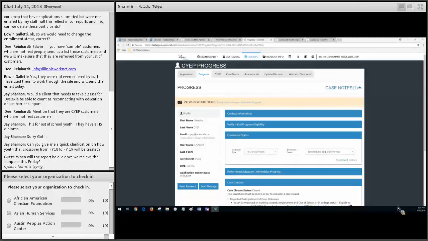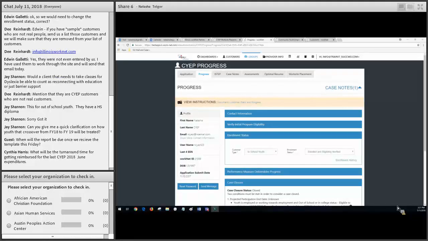However, when you say we're going to employ so many youth or help so many youth get jobs, there might be youth that you enrolled in FY18, but the youth don't actually get employment or meet some of these other goals until FY19, and that is okay. It's going to depend on the individual performance measures.